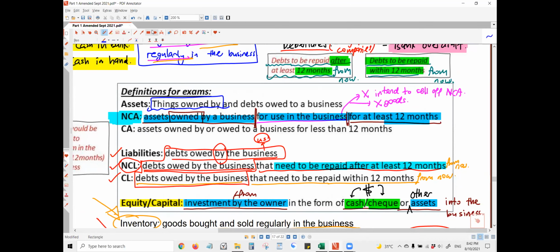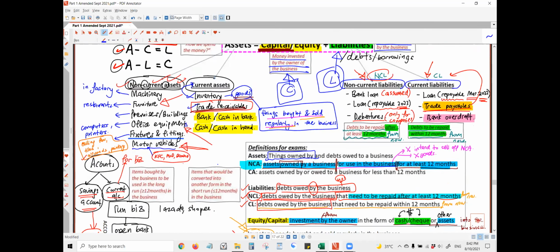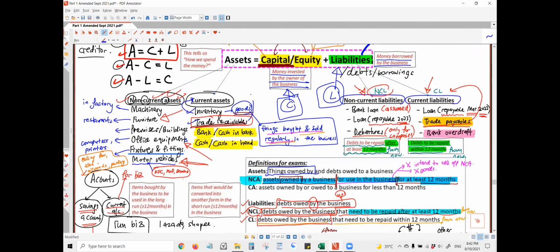But if you look at trade receivables, it refers to customers who owe us money. When we use the term trade receivables, it refers to customers who owe us money. Can you use the word own to tell people that you own the customers? Doesn't make sense, right? It doesn't sound right.